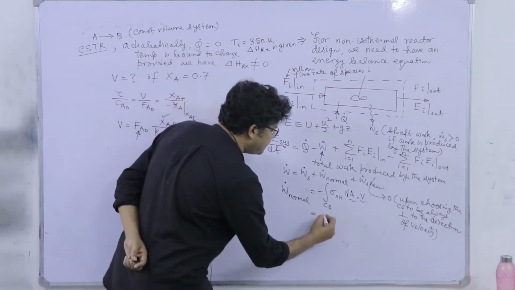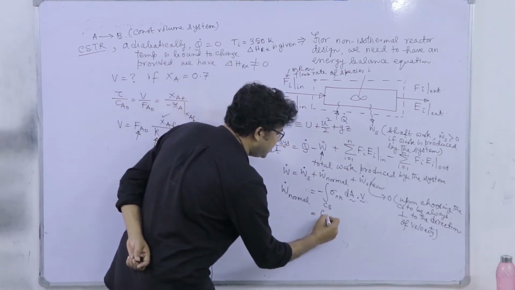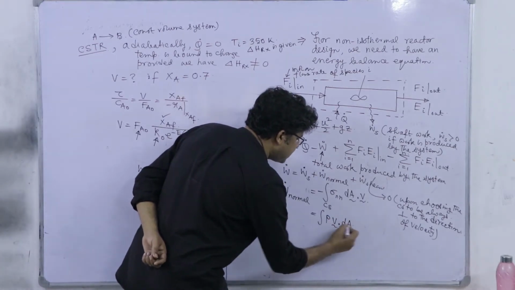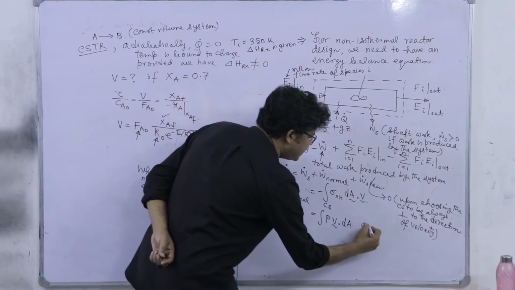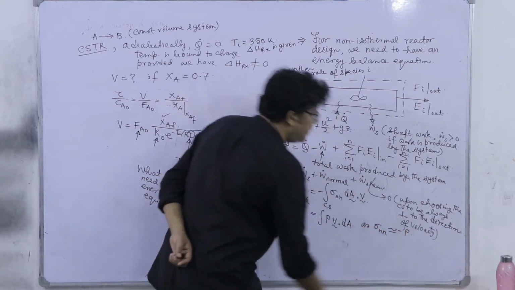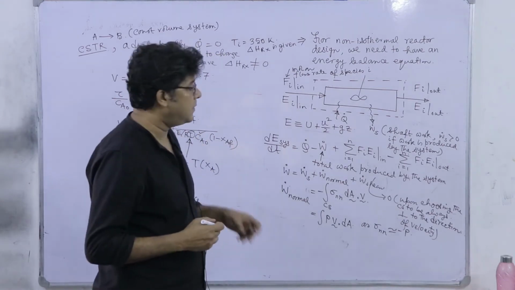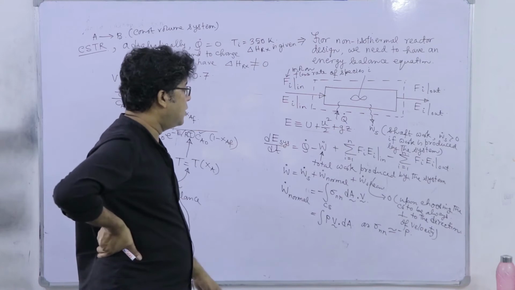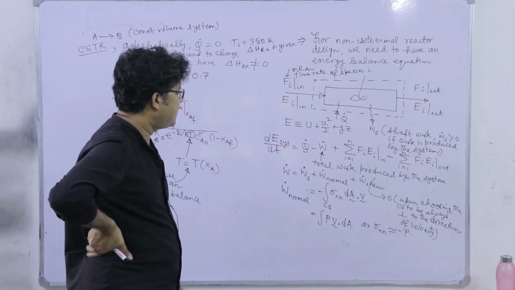We set this equal to P into V dot dA with a plus sign, as sigma nn is nearly equal to minus P if the viscous effects are not very prominent, and we can justify it from the Stokes stress equation of fluid mechanics.